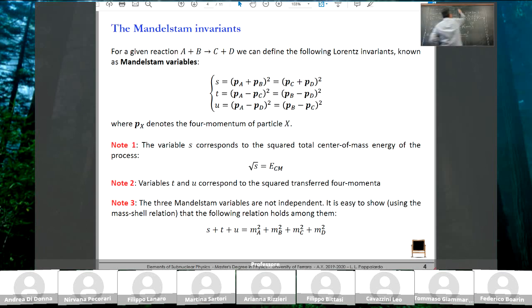This is under the hypothesis that we are working in a fixed target experiment. So this is the kinetic energy of the beam particle in the fixed target system.